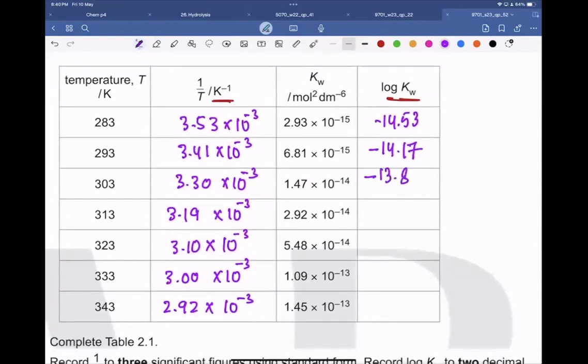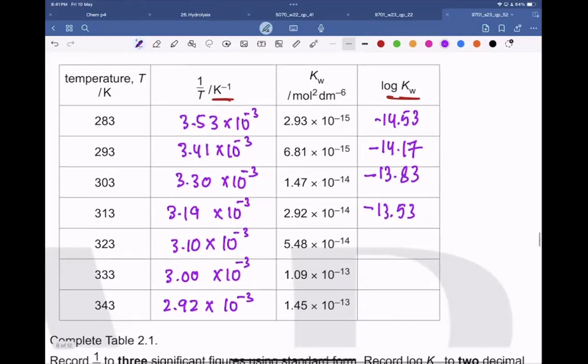Minus 13.83. Next one. Minus 13.53. Next. Minus 13.26.